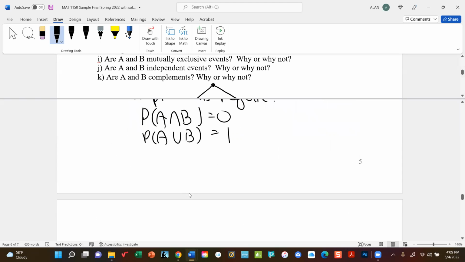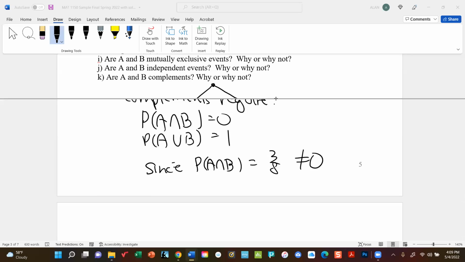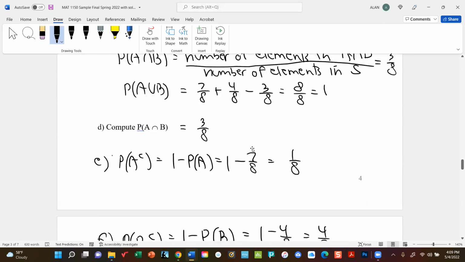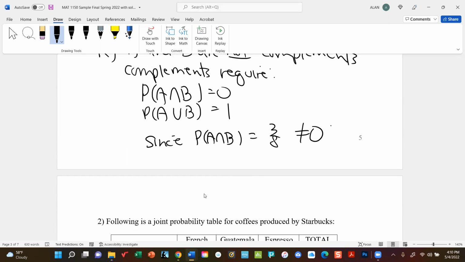Now, we've already done these, and earlier we showed that the probability of this intersection is 3/8, which is not 0. That tells us that A and B cannot possibly be complements. So that indicates that A and B are not complements, because already the first condition is false.